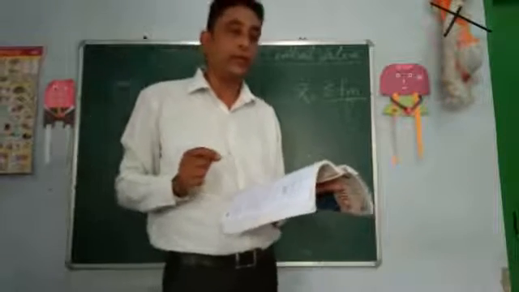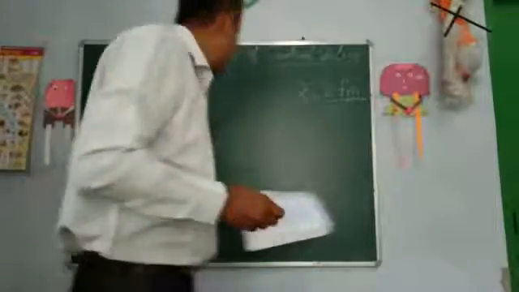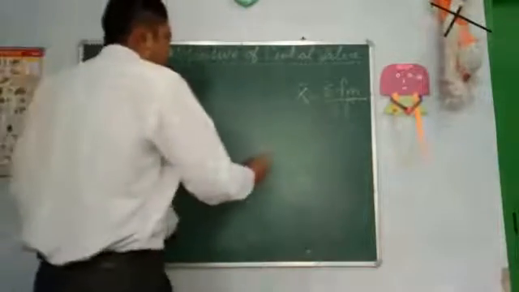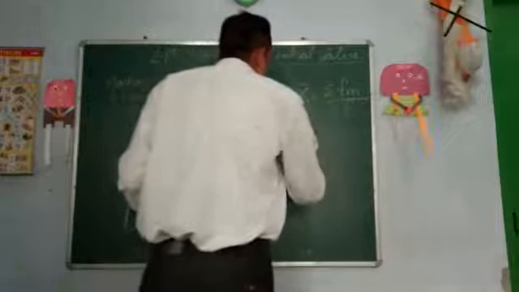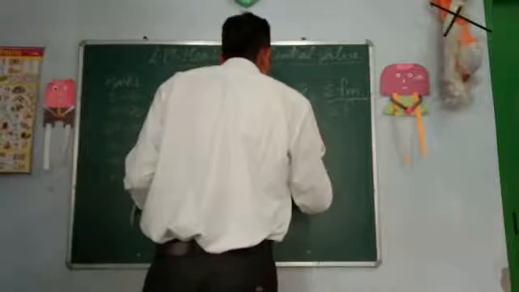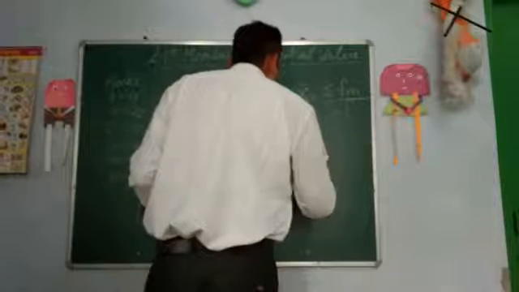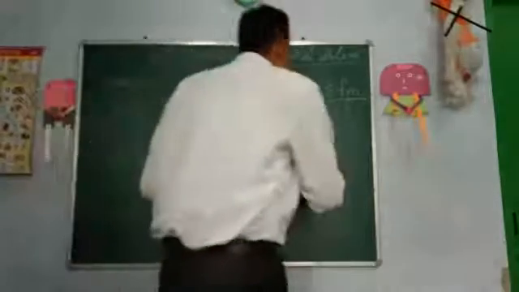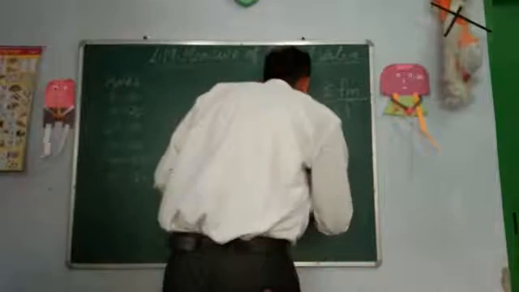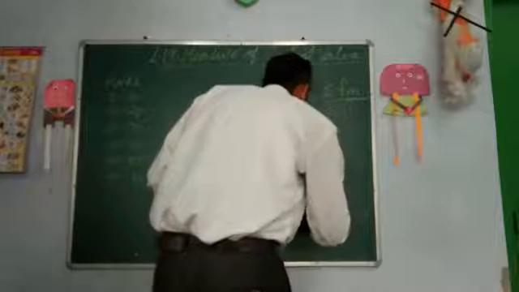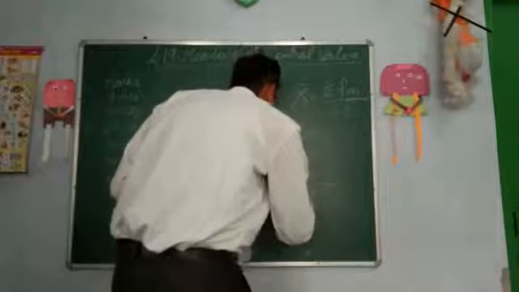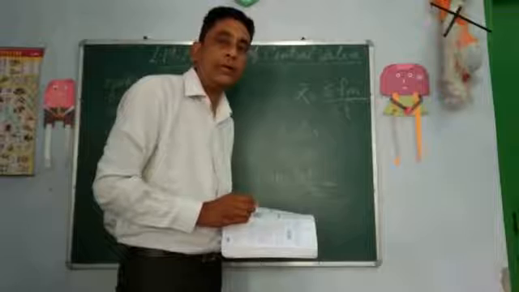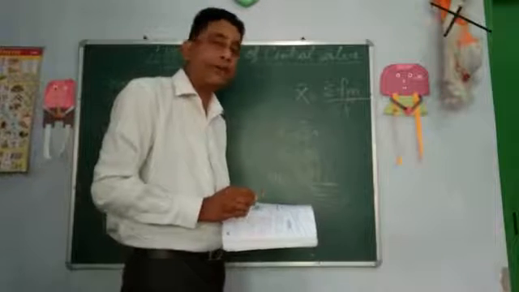For example, the mid value of class 20 to 30: lower value L1 would be 20 and L2 will be 30. So it will be L1 plus L2 divided by 2. This is the m value, the mid value of the class interval. L1 is the lower limit, L2 is the upper limit.